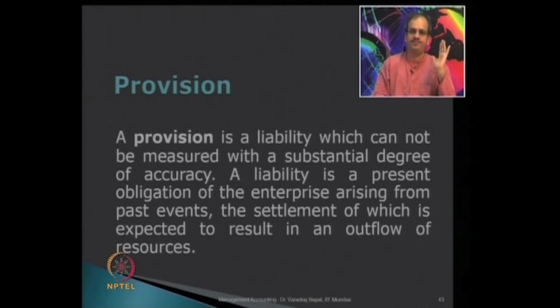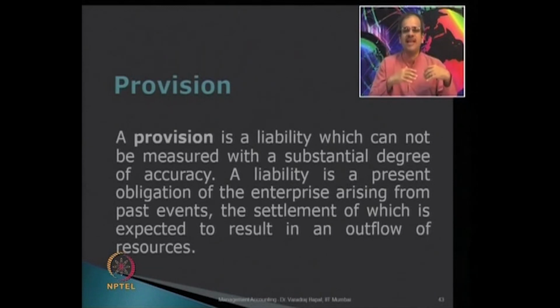Now, sometimes what happens is the expected liability cannot be estimated with substantial accuracy. So, we were discussing that the salary is 30,000, so we could easily know that the amount which is payable is going to be 30,000. Sometimes the amount of the expense is not known to us.